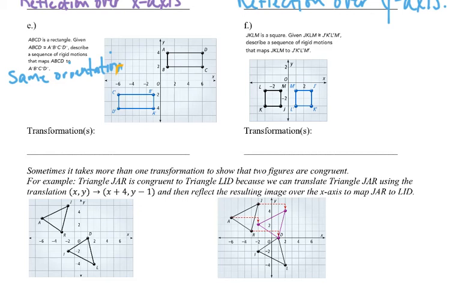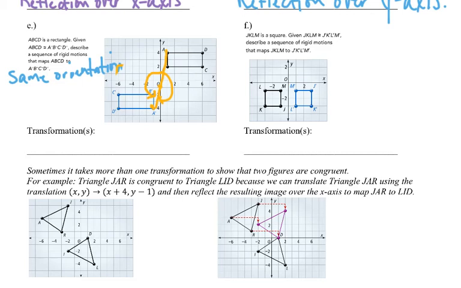Alright, so we're going to connect A to the origin, to A prime, and see what kind of angle that is. If we are turning, in this case it's a straight line, so it doesn't matter if we say we turn counterclockwise or clockwise, we still end up in the same spot. So you get to choose that one.